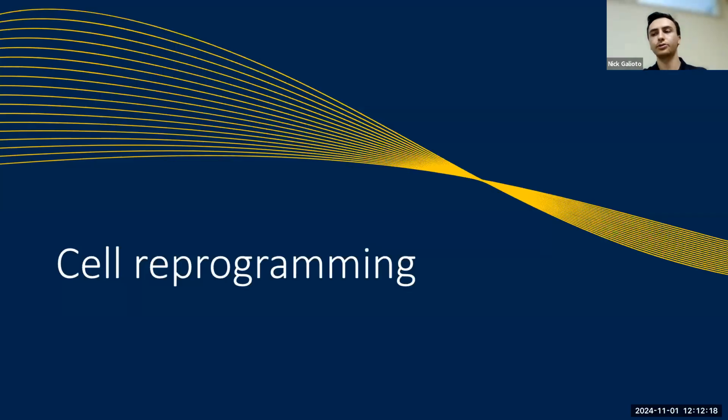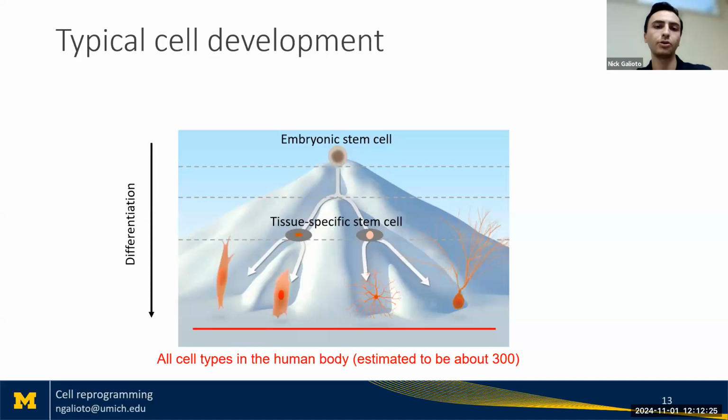So now I'll go into a description of cell reprogramming and what we're trying to do. In typical cell development, there's something known as Waddington's landscape. This was an analogy developed by Waddington to describe how cells normally develop and how it's a tightly regulated process where all cells can trace their lineage back to an embryonic stem cell.